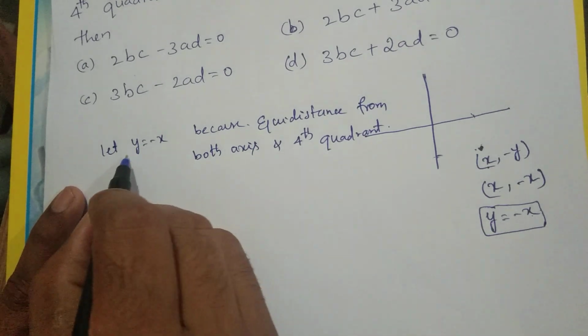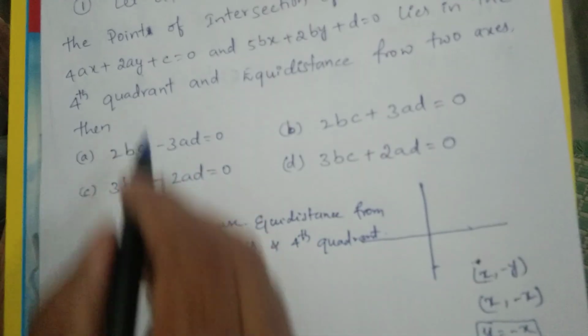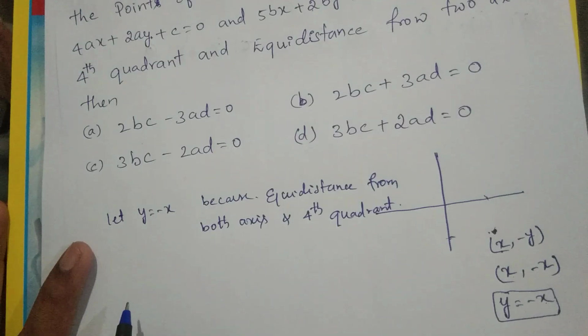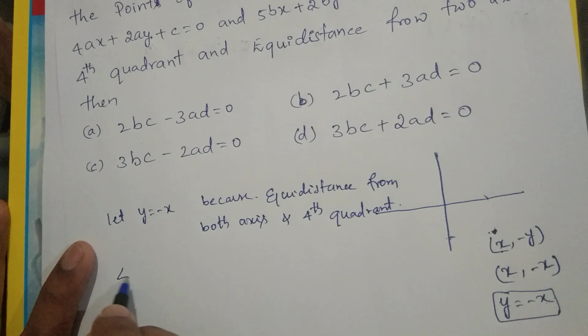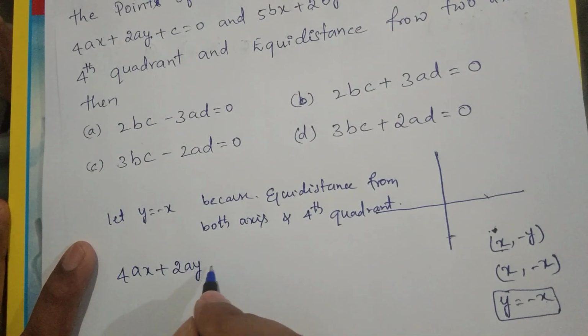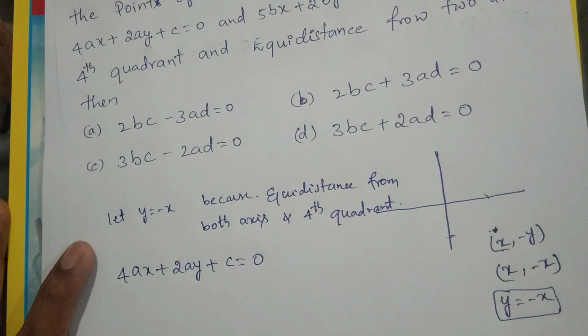Now this value I will fill in equation 1 and equation 2. What relation will come? Let me see. The first equation is 4ax plus 2ay plus c is equal to 0.